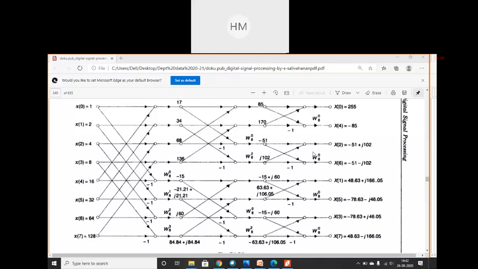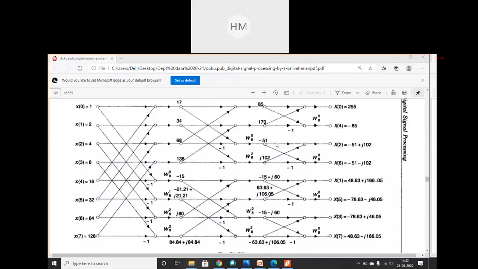Yes, Avantika. You got the final answers, Avantika? -85 is right answer. X4 is right.